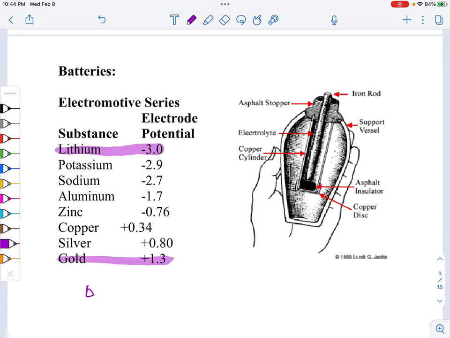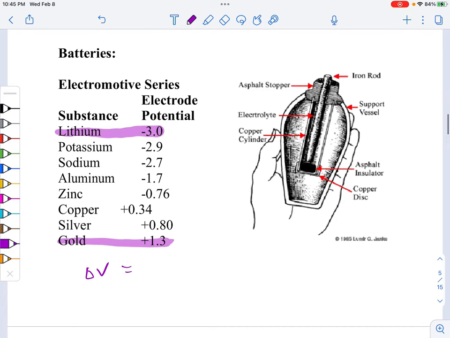The change in the voltage across the potential, the cell potential. As you take your two, delta means subtract: final minus initial. The charges will go from the lower to the higher potential. That's by the way how we define our current.